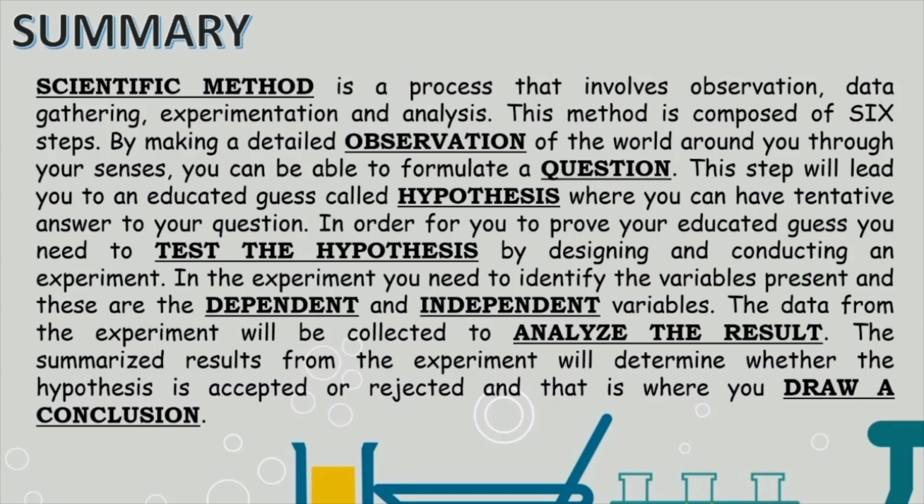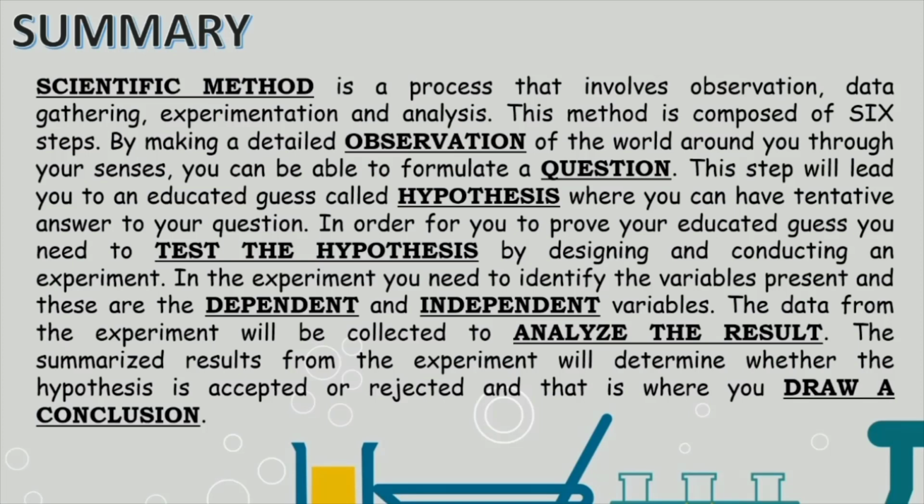In order for you to prove your educated guess, you need to test the hypothesis by designing and conducting an experiment. In the experiment, you need to identify the variables present, and these are the dependent and independent variables.